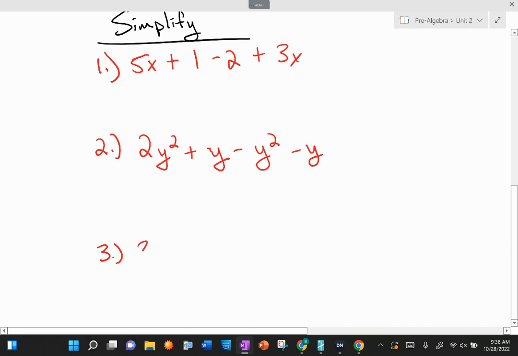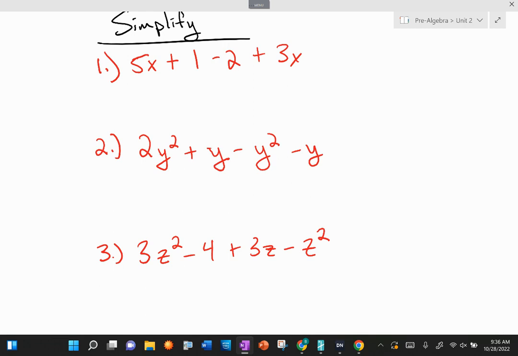Number 3, we've got 3z squared minus 4 plus 3z minus z squared. Please combine like terms and simplify all 3 of these expressions. I'll probably give you about a minute and a half, maybe 2 minutes. Ready, set, go.